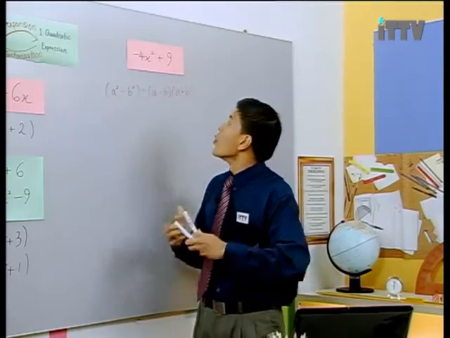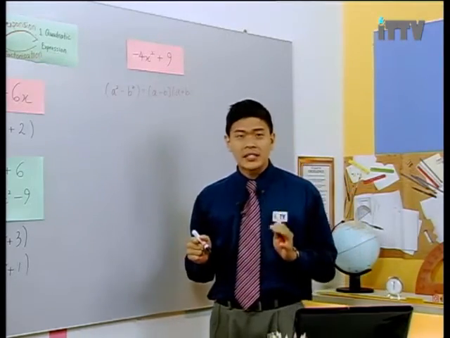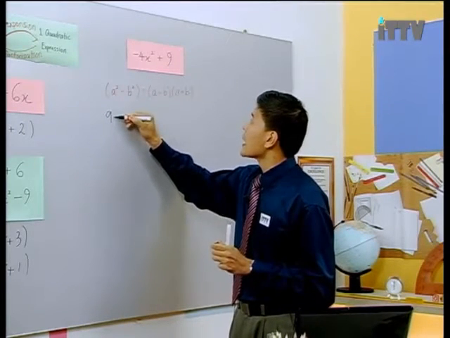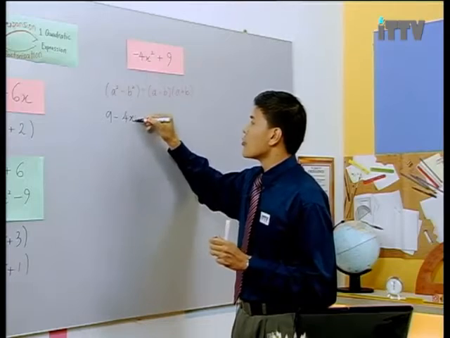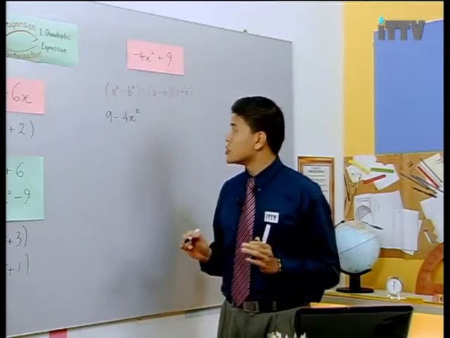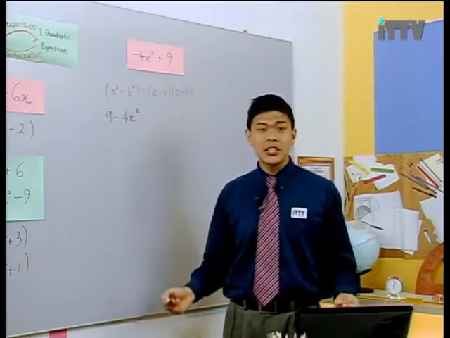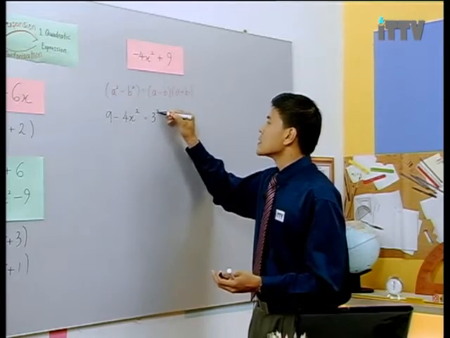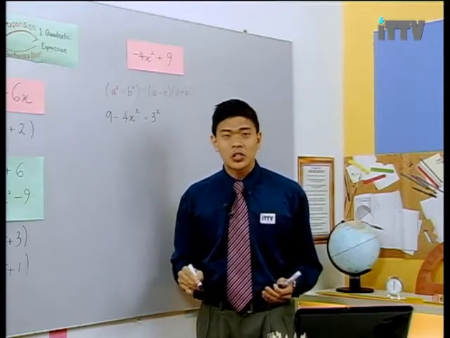Yes, it can. Why? Minus 4x squared plus 9 can be rewritten as 9 minus 4x squared. And then what must you do? 9 is actually a perfect square because it is 3 square, a perfect square.